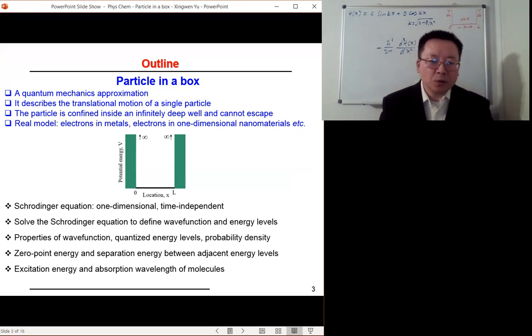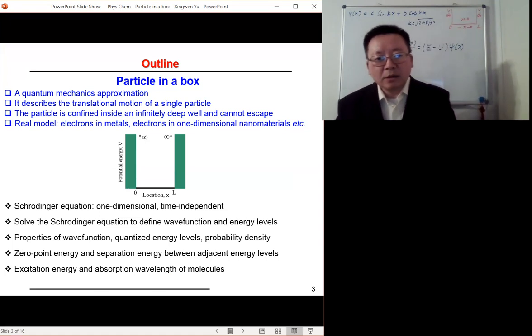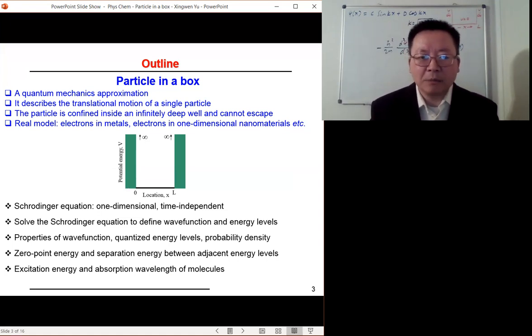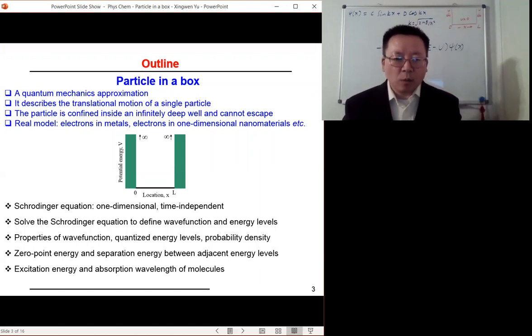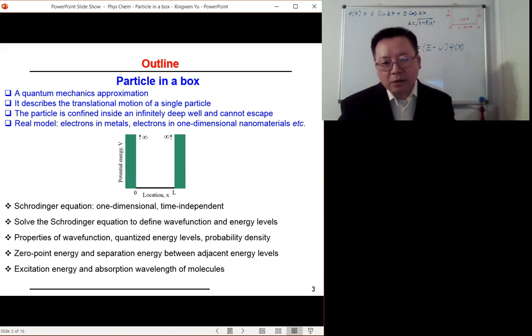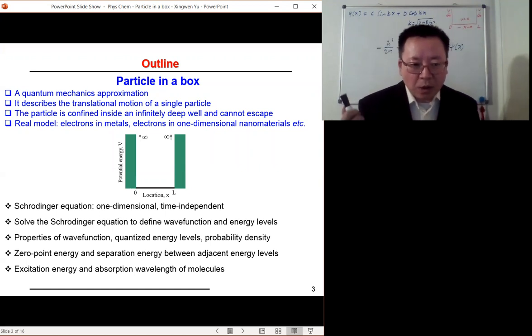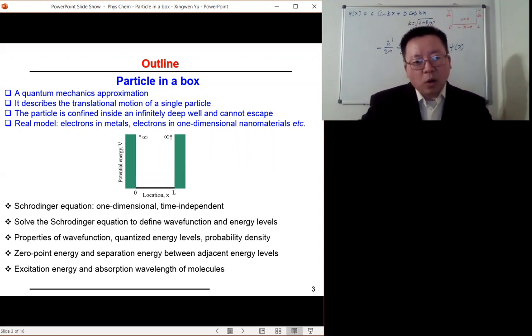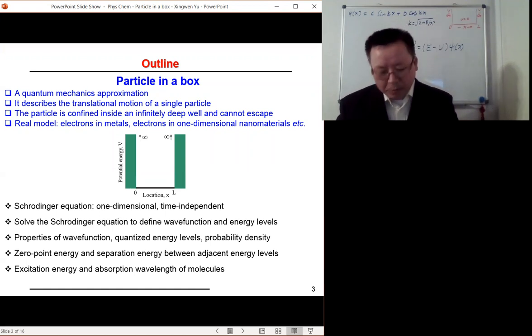Today we are going to introduce the Schrödinger equation, the simplified one, one-dimensional and time-independent. Then we are going to use the boundary conditions with our model to solve the Schrödinger equation to define wave functions and energy levels. After that, we are going to study the properties of the wave function, the quantized energy level of the particle, and the probability density of the particle.